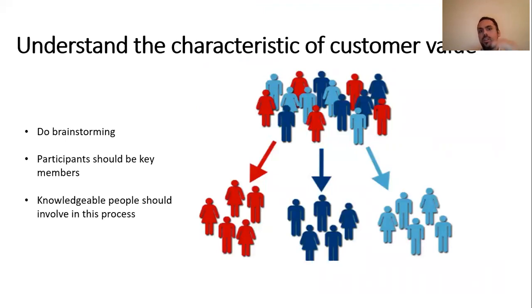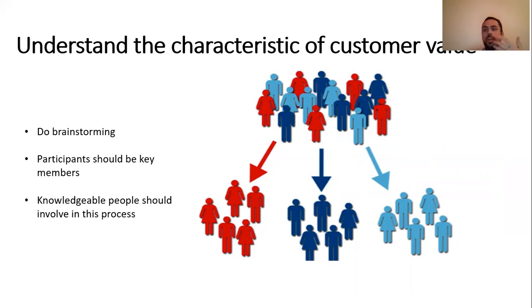To understand the characteristics of customer value, we need some knowledgeable participants who have enough knowledge regarding the process to join us for the brainstorm. Please pay attention, they should have enough knowledge regarding the process.